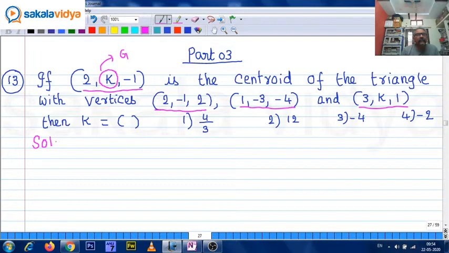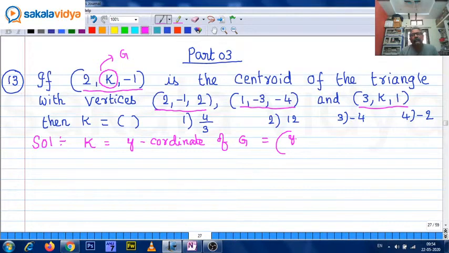That means k is the y coordinate of centroid G, which is equal to y1 plus y2 plus y3 upon 3.